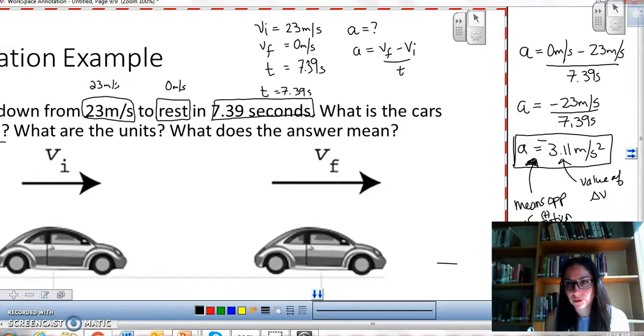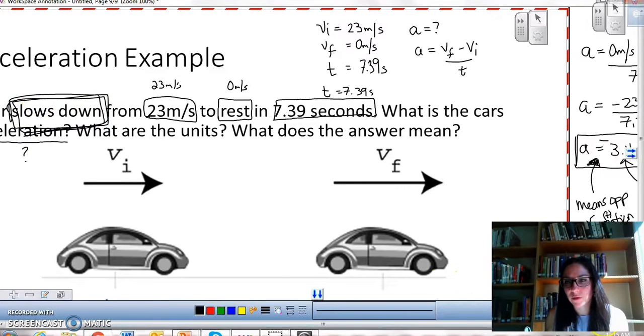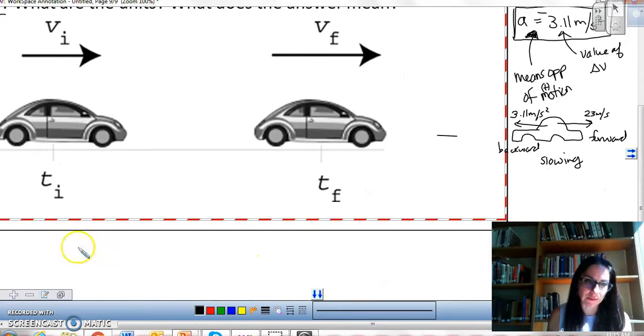And to check if this is true, we read the context of the problem, and it is. It literally says slows down. So you can't see acceleration. That's a big thing. You can see motion, but you can't see acceleration.